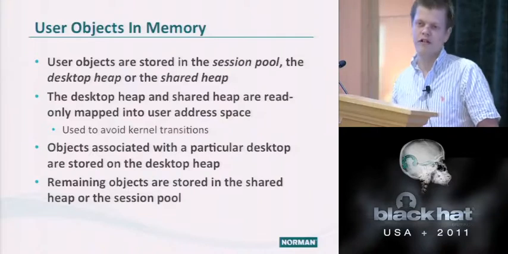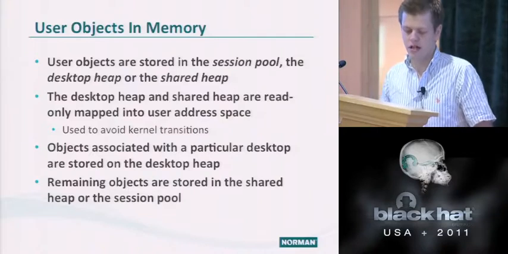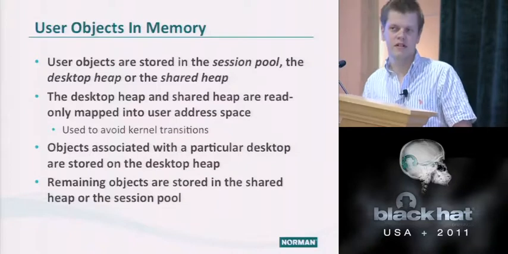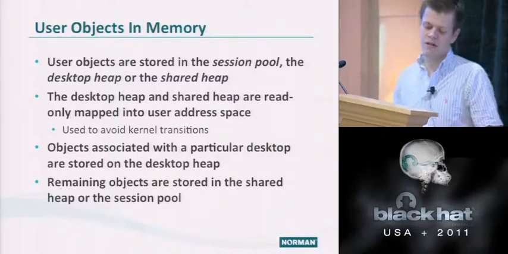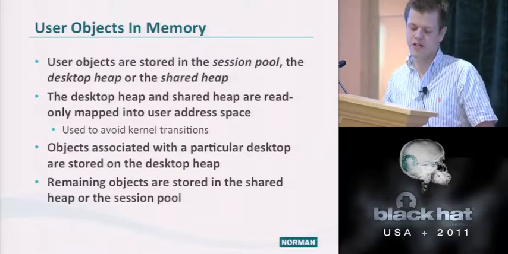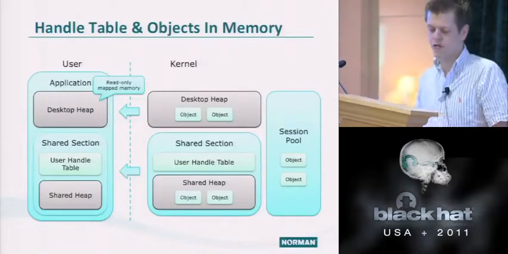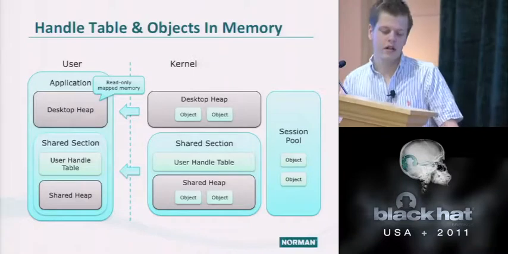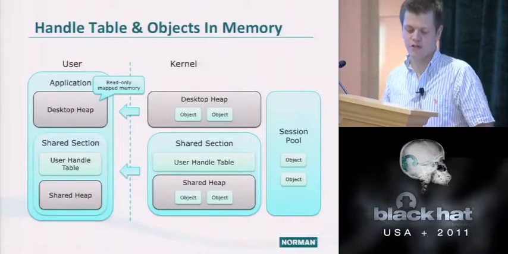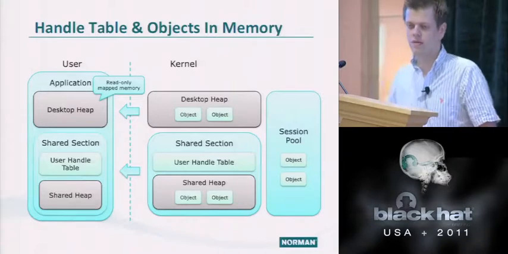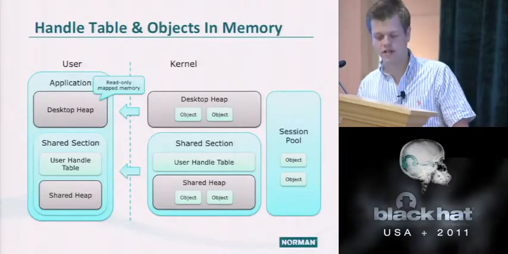And this is to avoid the kernel transitions. So objects associated with a particular desktop are stored in the desktop heap, and the remaining objects are either stored in the shared heap or the session pool. So when you start a GUI application, you'll have these mappings set up. So it's quite easy to enumerate the pointers to kernel memory if you want to do exploitation or anything like that.